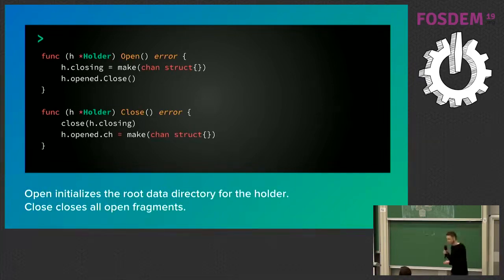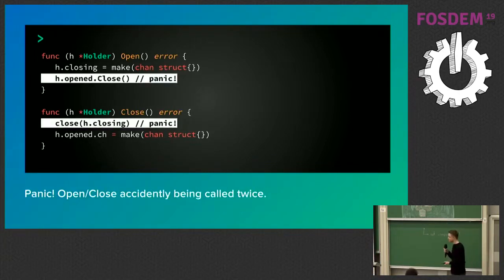They close the opening channel in the open function, and they close the closing channel in the close function, which means that in a concurrent world it's possible that you try to open an already open file or close an already closed file, and instead of doing nothing or returning an error, it panics. And please, I really like Pilosa, don't get me wrong, but if you are doing something like this, please don't.